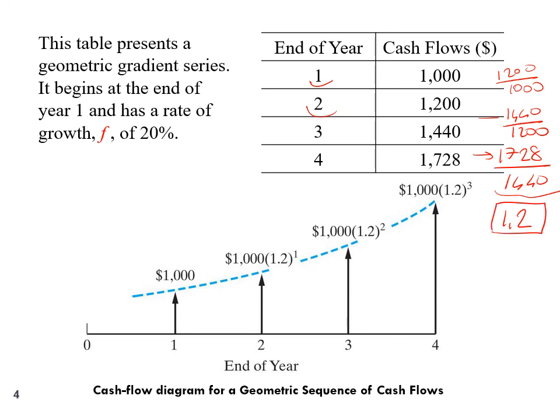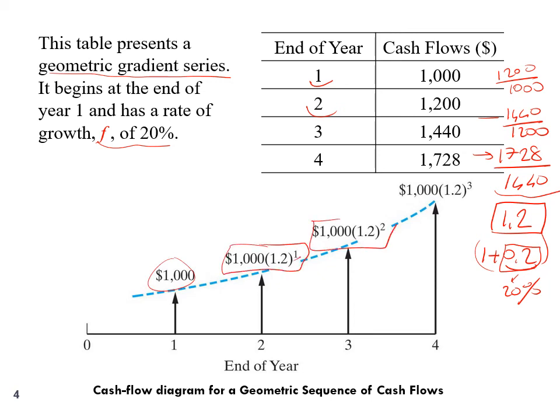Okay, what is 1.2? 1 plus 0.2. So from here you can understand that the rate of increase in the cash flow is 20%. This actually represents a geometric gradient series where the rate of increase is 20%: 1,000, 1,000 times 1.2 to the power 1, to the power 2, and to the power 3.